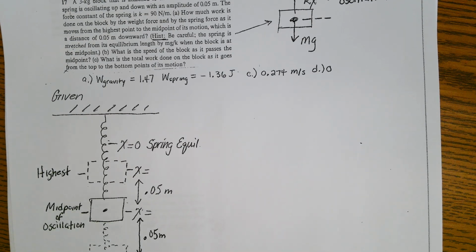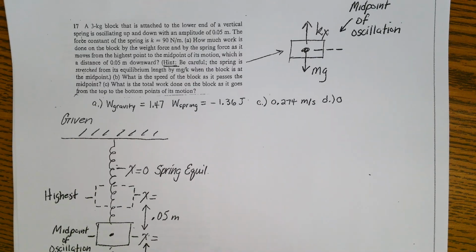Let's take a look at the next one here. All right, this gets kind of involved. Here we have a 3 kilogram block that is attached to the lower end of a vertical spring and is oscillating up and down with an amplitude of 0.05 meters.